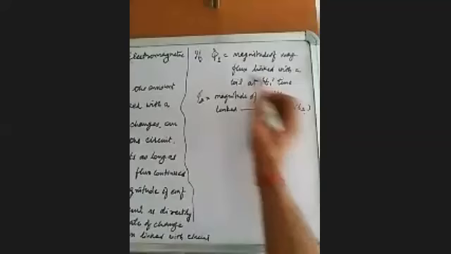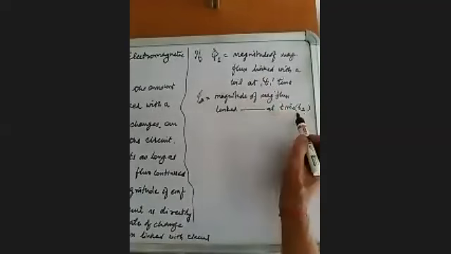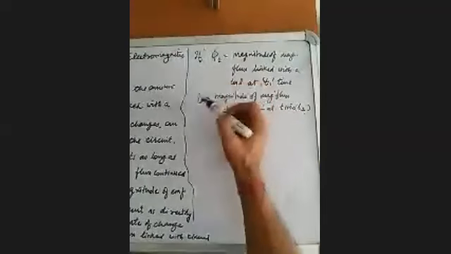So flux at time t1 and flux at time t2, that means flux has changed from phi1 to phi2.